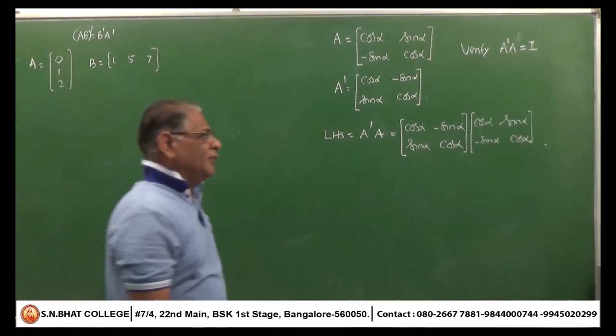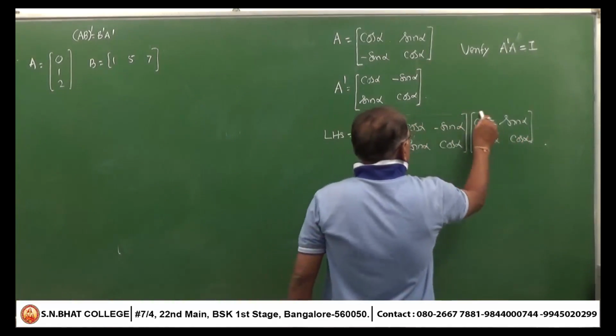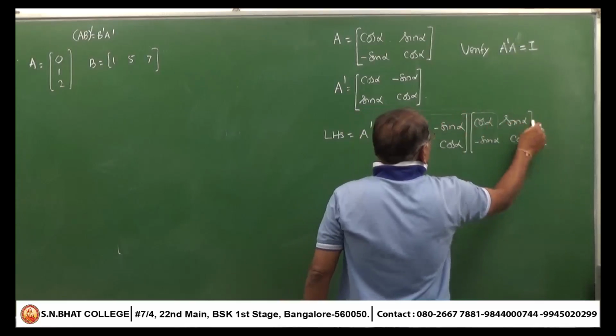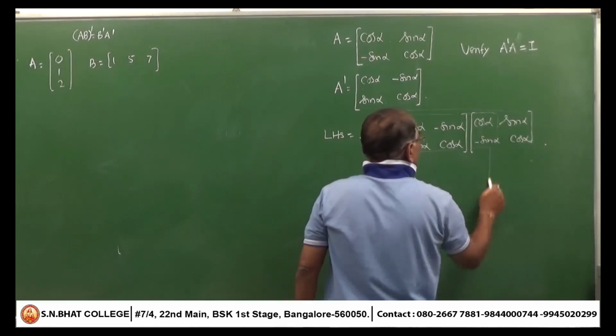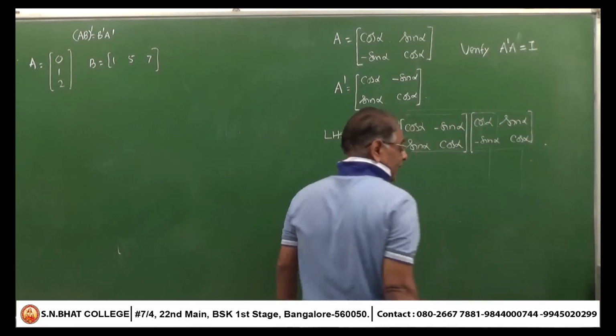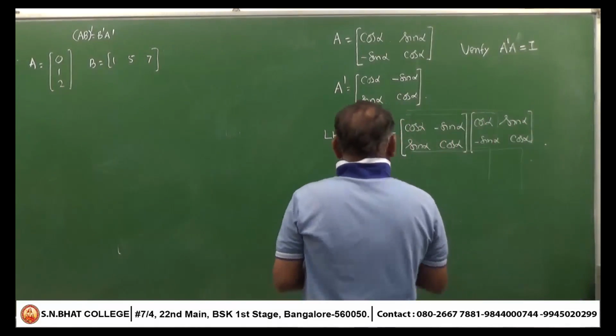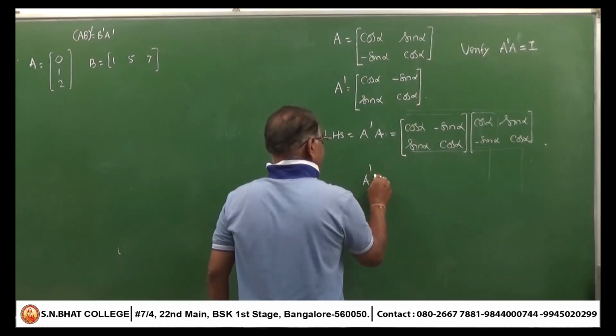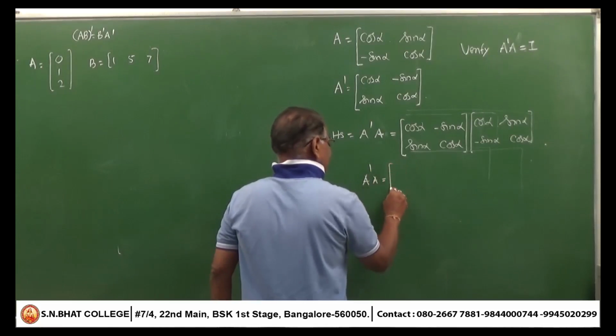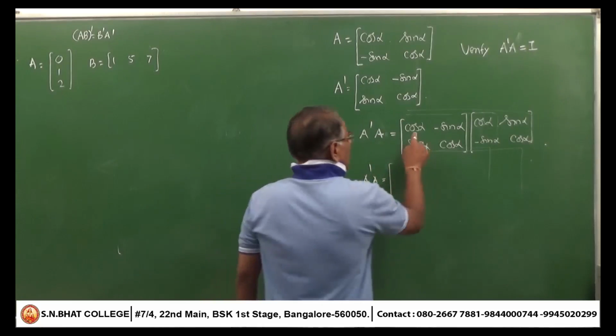Multiply these two matrices. First row, first column. First row, second column, write it in first row. Second row, first column. Second row, second column. Therefore, A transpose into A: multiply first row, first column.